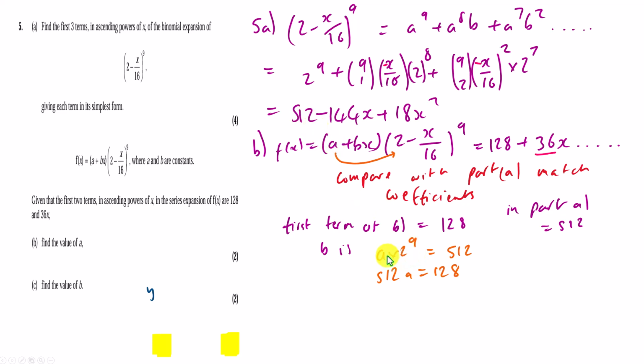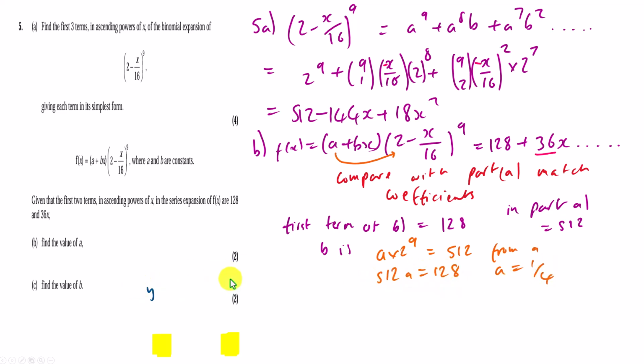That's why we get a times 2 to the 9, which is essentially a times 512. We're matching coefficients, because a times 512 equals 128. We can solve to get a equals a quarter.